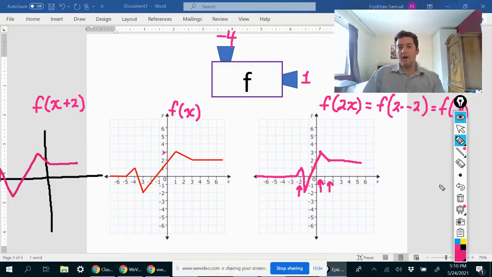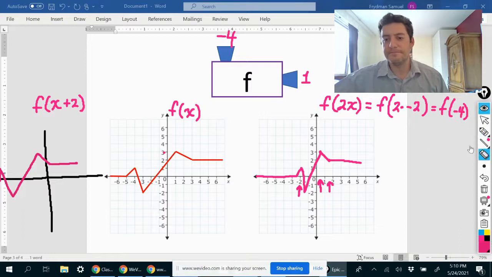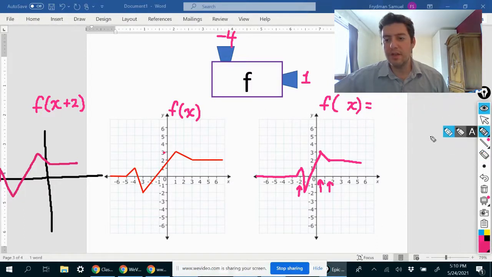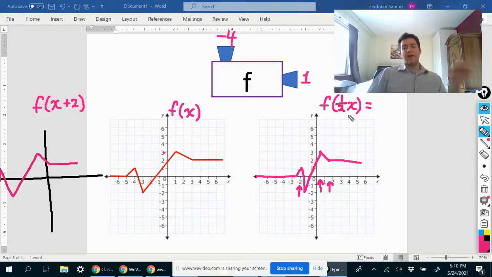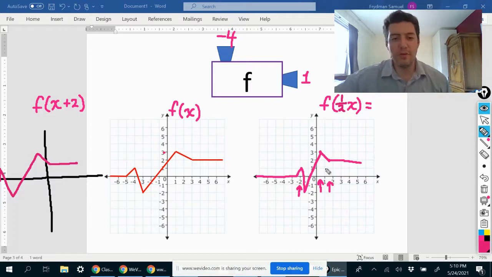Okay? The last one that we need to talk about is what happens if instead of having a half out here like we had before, we have the half in here. Then this guy would be going half as fast as this guy over here. So it's going to take him twice as long to finish everything in the analogy that I was using a moment ago.